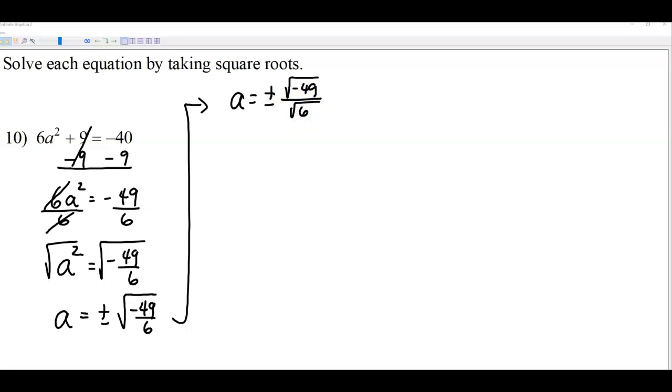The next thing that we're going to do there is, well, let's simplify this separately. I'll just do that really quick. Negative 49. So that negative comes out as an i, and the square root of 49 is 7. So I've got 7i there. So that's what I'm going to replace the top with.